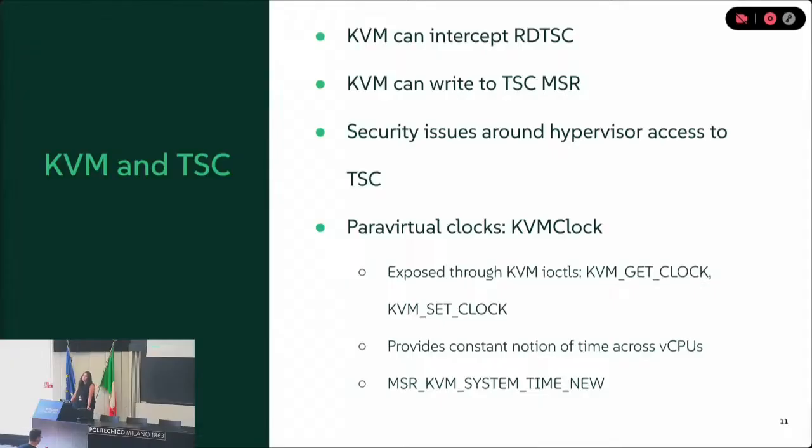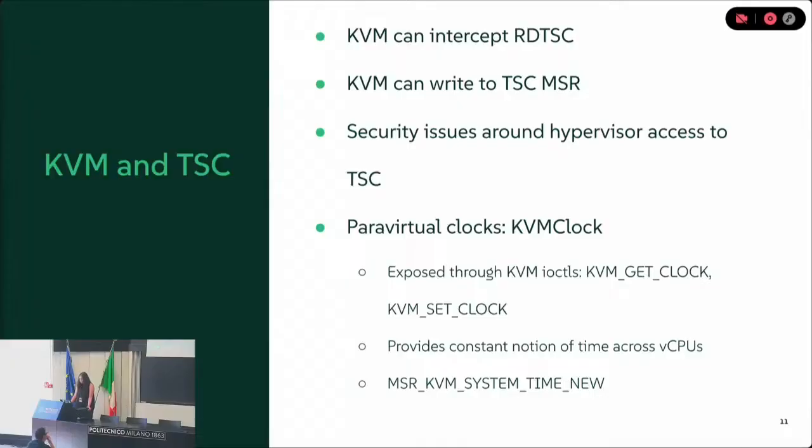So when it comes to the virtualization world and the non-COCO setup, hypervisors can intercept RDTSC and RDTSCP. For example, let's say we talk about the AMD platforms. If a VM executes the RDTSC instruction to measure the elapsed time, like for a timeout or for scheduling, KVM controls the VMCB, and it can intercept RDTSC.